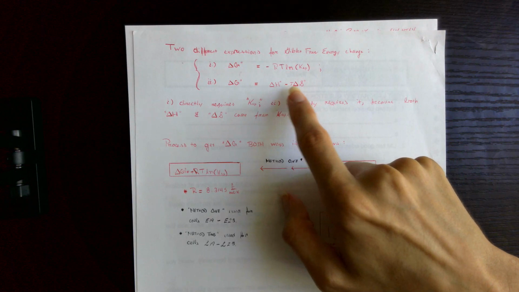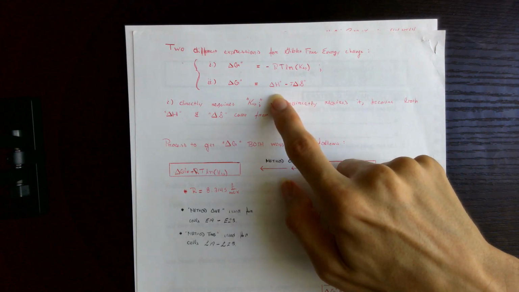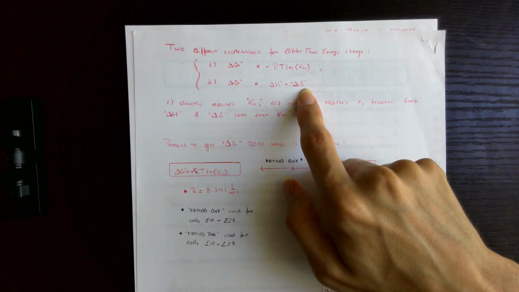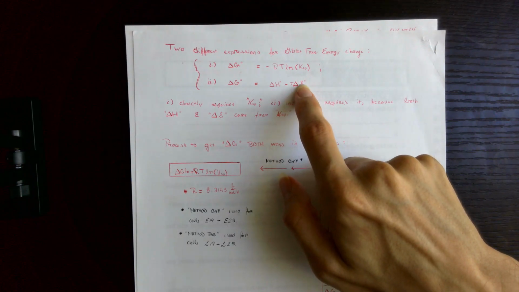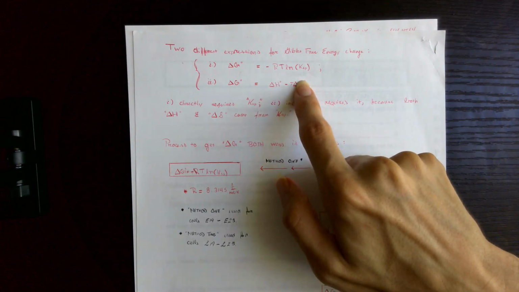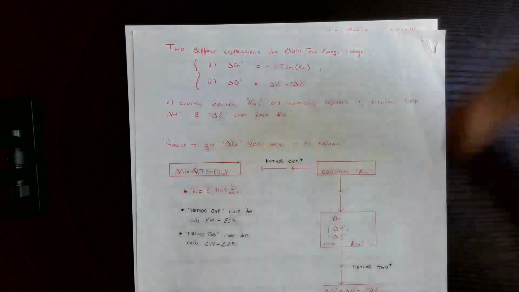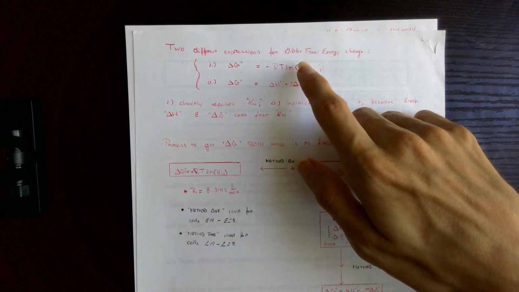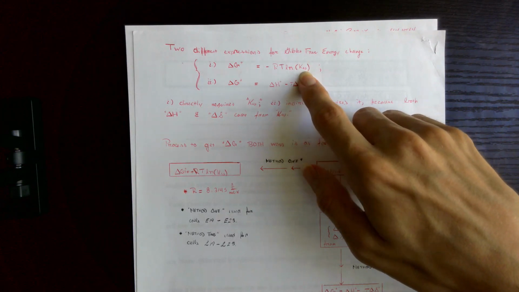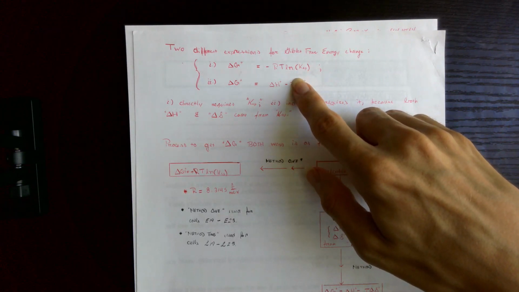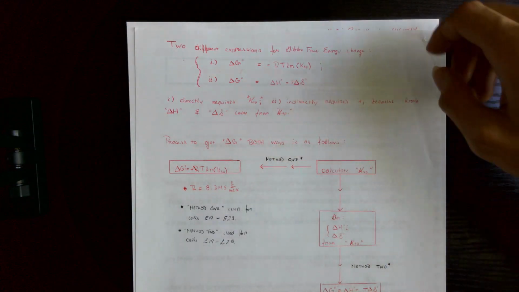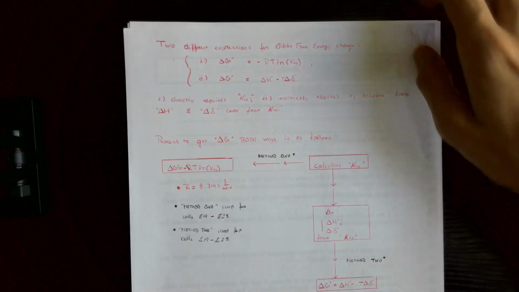You have delta H and delta S. You have to get delta H and delta S from KSP. So even though KSP doesn't show up in this equation formally, it's still in the background because delta H and delta S both come from KSP. So to use either of these equations, you have to get the solubility products before you can go any further.